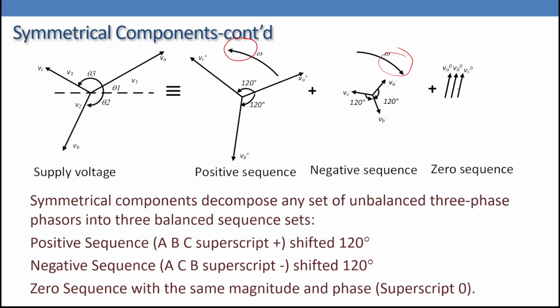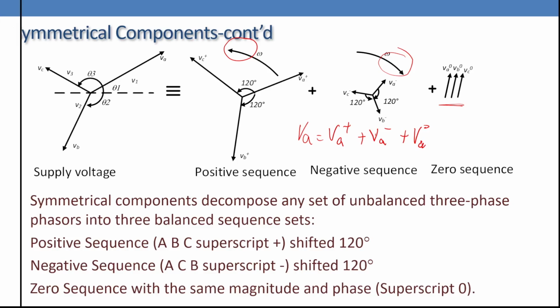For each sequence, we have the same magnitude, shifted 120 degrees for the positive and negative, but for the zero sequence, we have the same angle. So VA equals VA positive plus VA negative plus VA zero. Still we don't know how to calculate them.